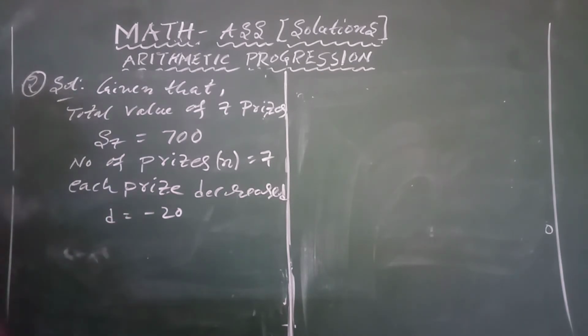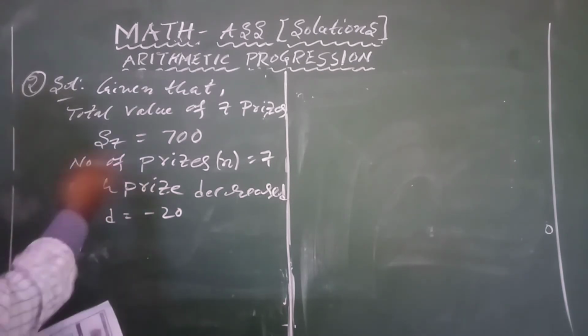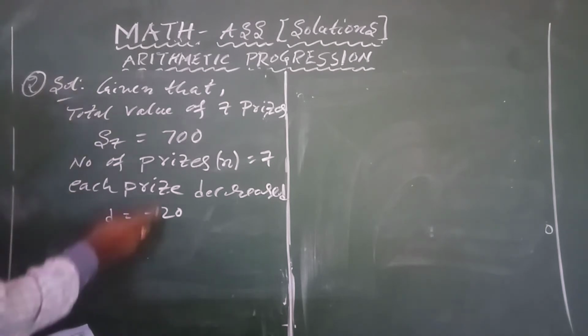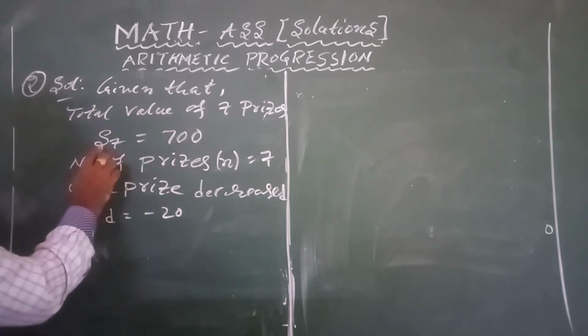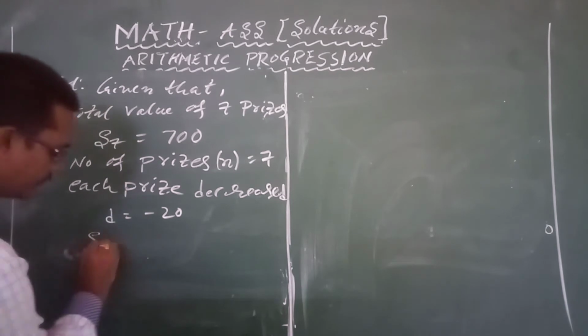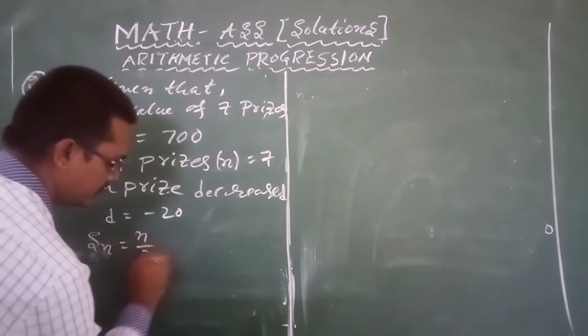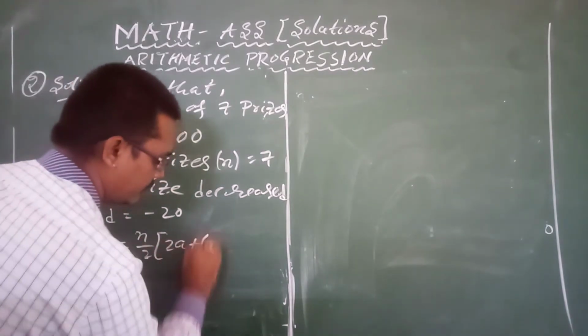Here we are asked for the cost of each prize. The total cost is given, so we can use the Sn formula. Sn is equal to n by 2 of 2a plus n minus 1 of d.